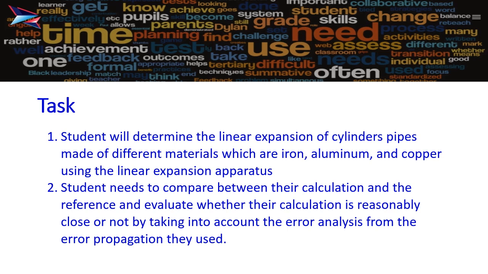Secondly, the student needs to compare their calculations with the reference and evaluate whether their calculation is reasonably close or not, by taking into account the error analysis from the error propagation. So you are not allowed to just calculate; you need to take into account the error propagation from your data. You need to take it into account because you know the least count of your measurements, and you know the final errors for your calculations.